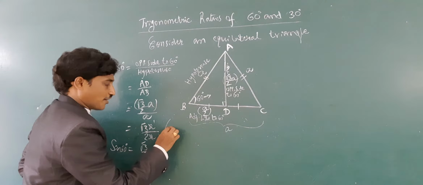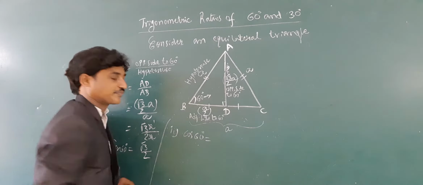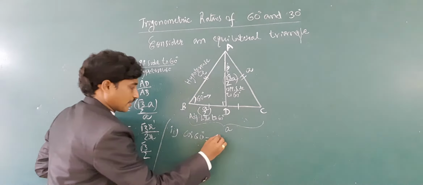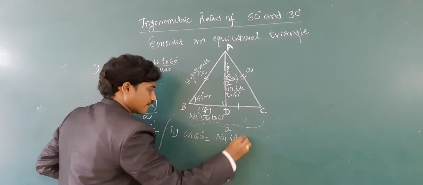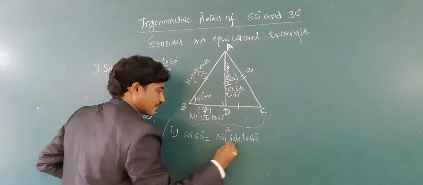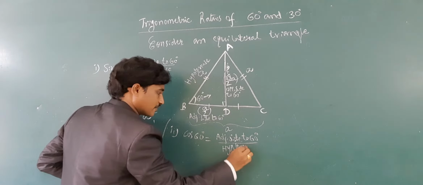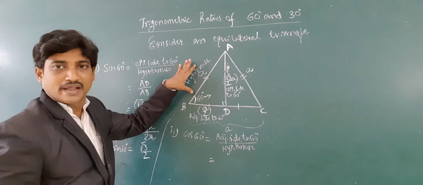Next, cos 60 degrees. Cos 60 degrees is the adjacent side to 60 degrees by hypotenuse. That is BD by AB.